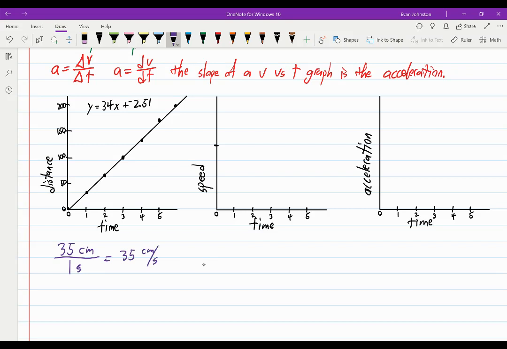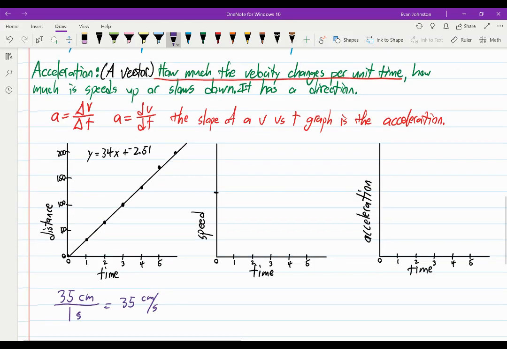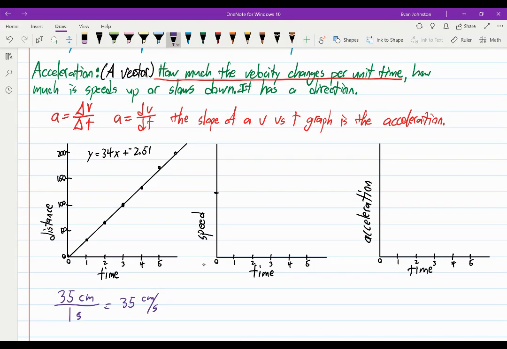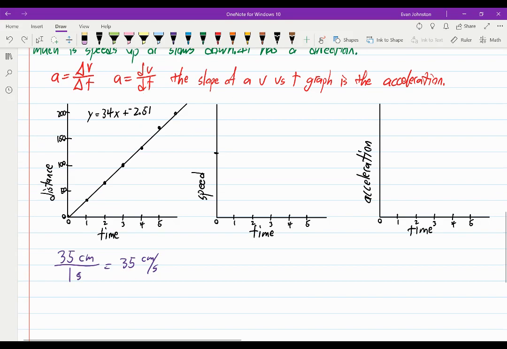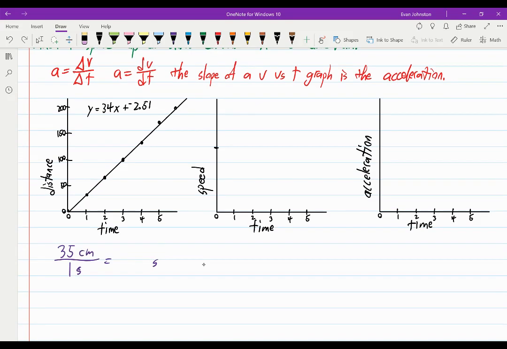That's a change in distance over time, kind of like miles per hour. Then you could figure out this distance and divide it by 2, and this distance and divide it by 3. We could keep doing math and figure out how fast it's going.